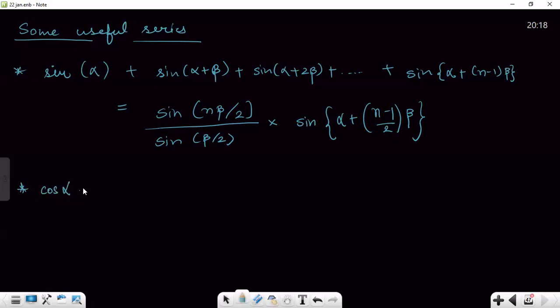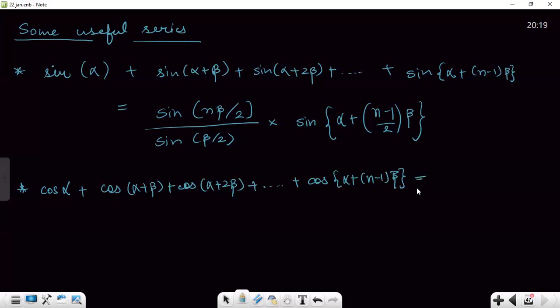Cos of alpha, plus cos of alpha plus beta, cos of alpha plus 2 beta this time. Similarly, the nth term will be cos of alpha plus n minus 1 into beta.